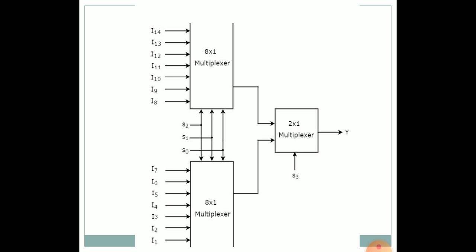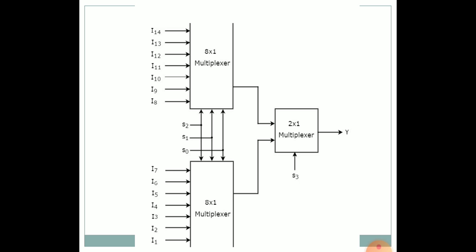So m value equal to log base 2 of n. Log base 2 of 2 raised to 3 equal to 3. So we need 3 selection lines for an 8 cross 1 multiplexer.